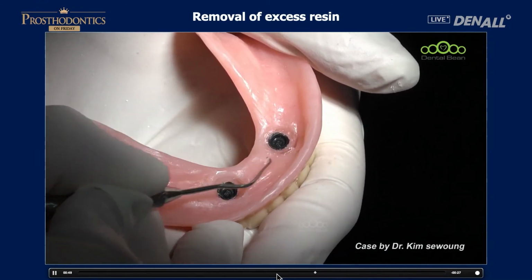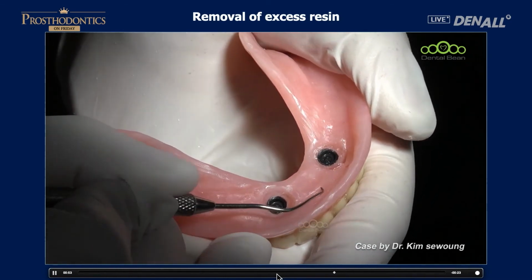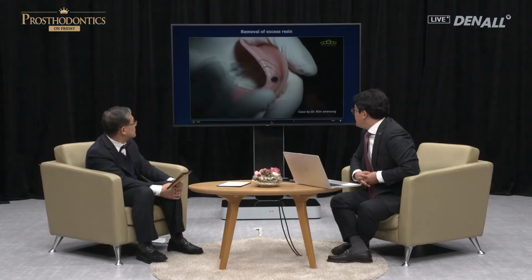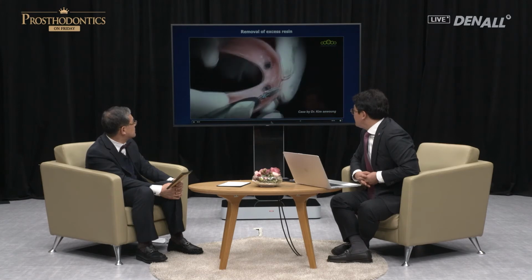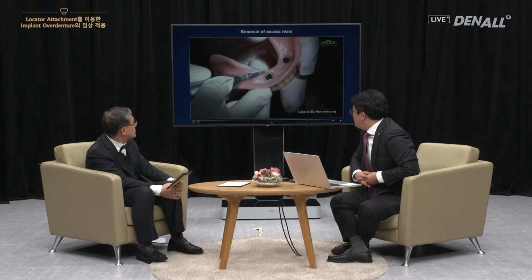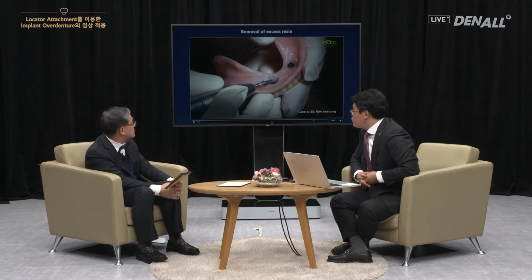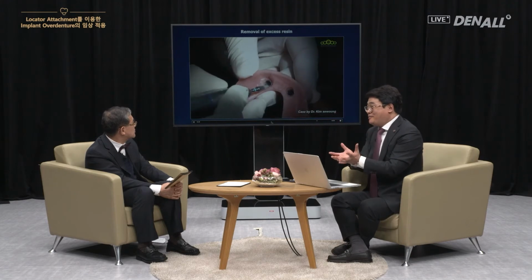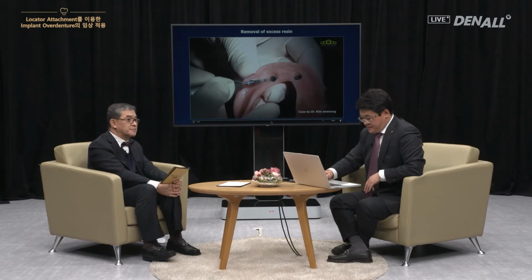If we use a denture burr for removing excessive resin, at times the denture-based resin can be affected as well, so using Vaseline is a very good way. If we are not careful, the denture burr can remove denture-based resin as well. What is most important is that you should not apply Vaseline inside of the hole, just outside of the hole.